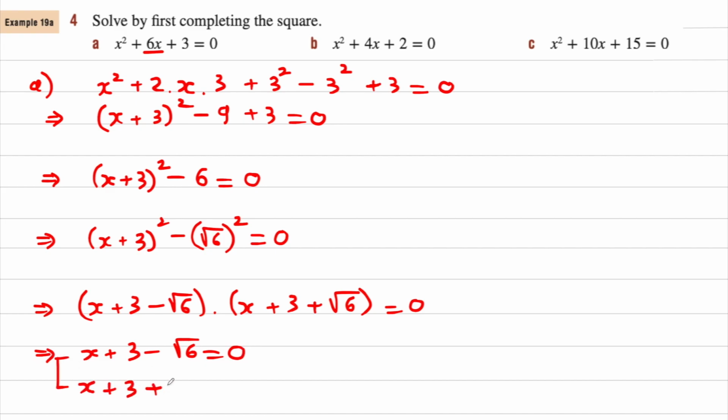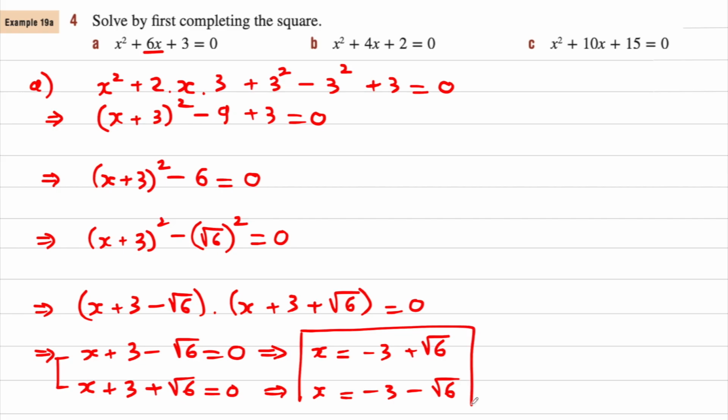And now solving for the exact value of h, you got minus 3 plus square root 6 and minus 3 minus square root 6 here. Yeah, two solutions for this question. And this is the way, step by step, how you can solve a general form quadratic equation. We finished question A. This one is a little bit longer than the previous video, but I think it will give you much more understanding about this.